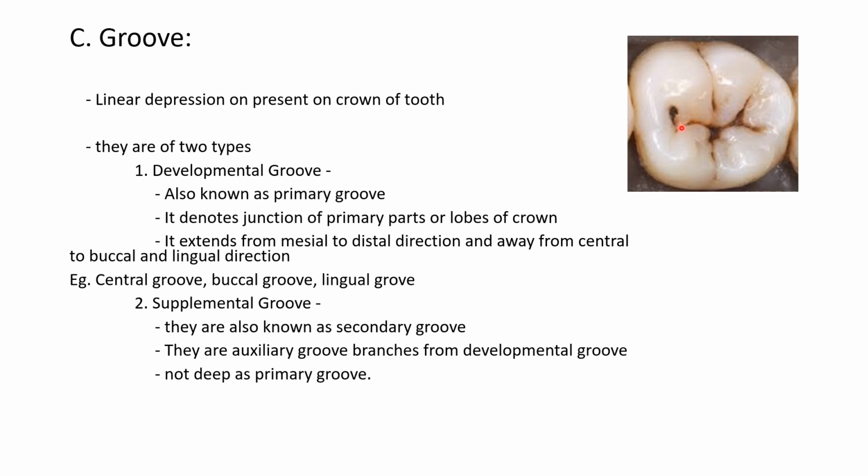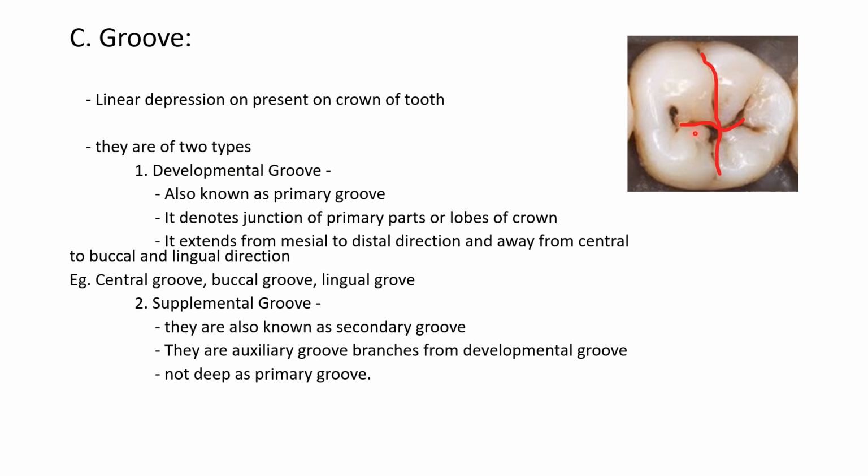It runs from the mesial side to the distal side of the crown and from buccal to the lingual surface of the crown, and they meet at the central point here. Examples are the central groove, the lingual groove and the buccal groove.